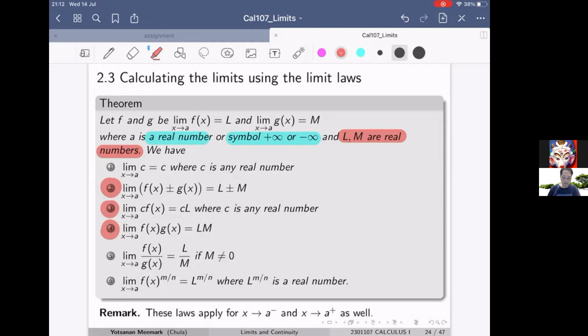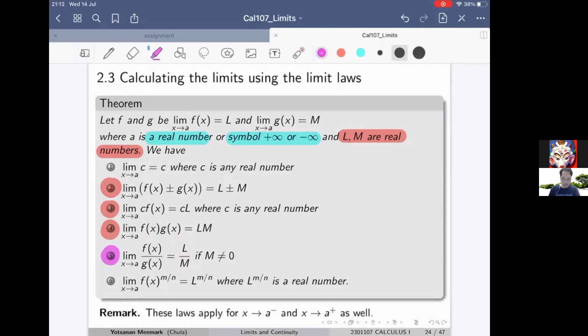So on number 5, okay, this is another one that is very important. If you have two functions divided like that, okay, your f of x divided by your g of x, and you let your x go to a, if the limit of both of them exists, you can also separate the limit over the division as well.